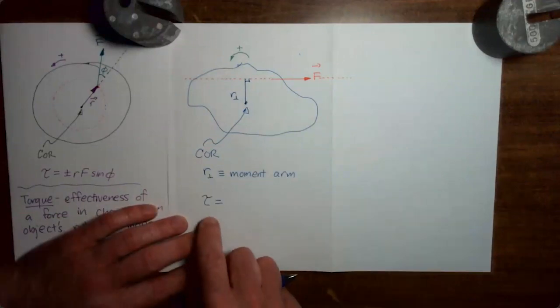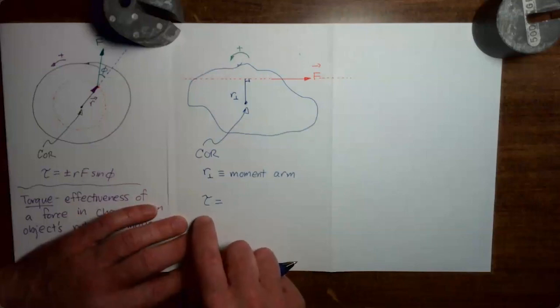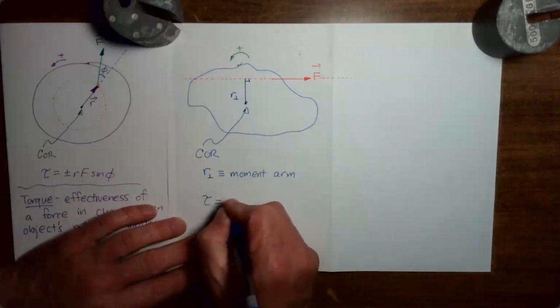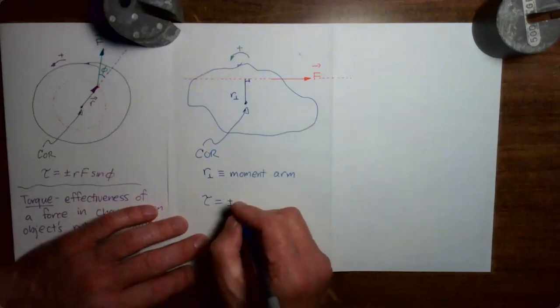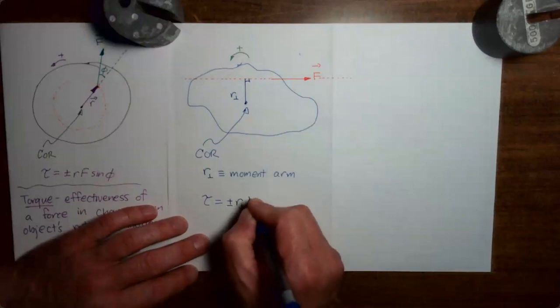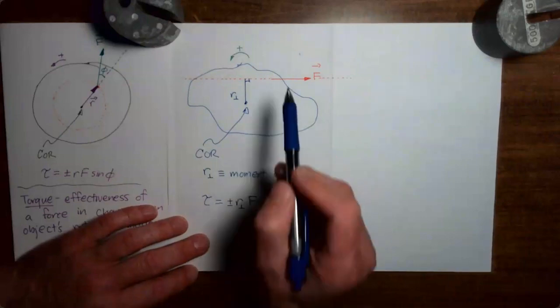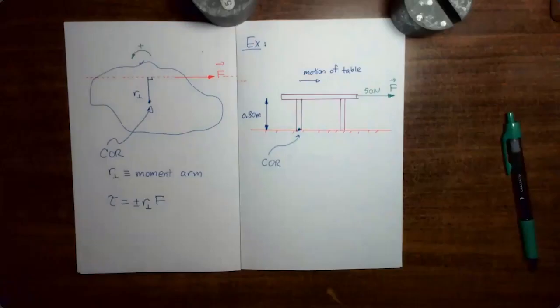Anyways, proceeding now to our new formula for torque. This new formula has it that torque is equal to plus or minus, to distinguish between counterclockwise and clockwise torques, multiplied by the moment arm, multiplied by the magnitude of the force vector. And that's it. This is our new formula for torque.